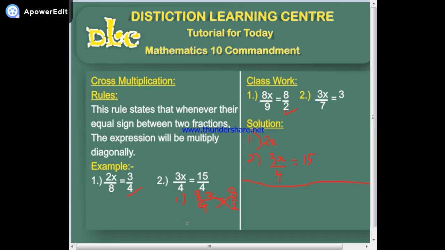That is 8x multiplied by 2 equal to 9 times 8. So 9 times 8 is 72.